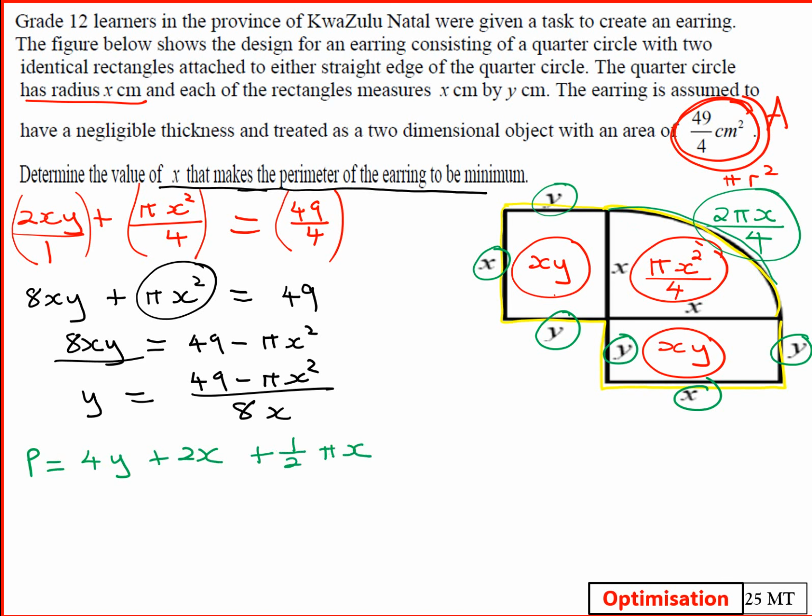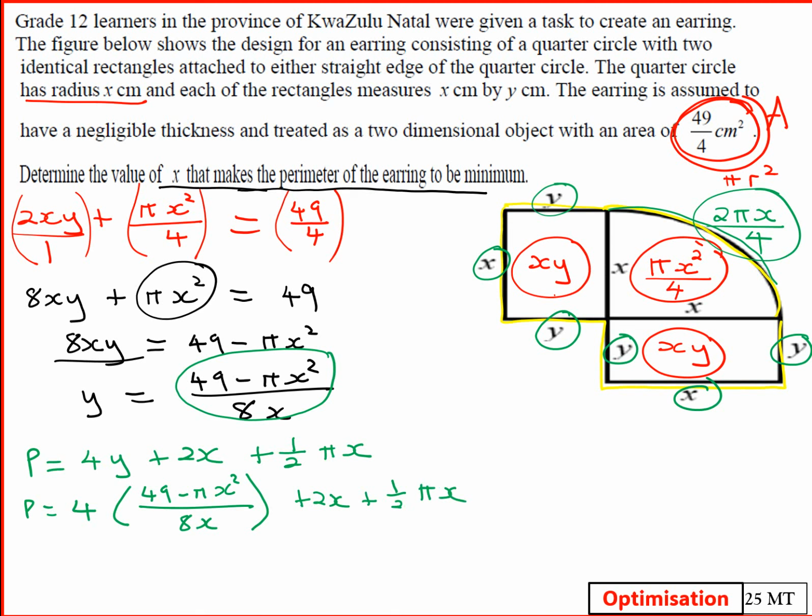So it's quite interesting what we have here. Remember, in the previous step we found y. So we're going to replace 4y, and the value of y is 49 minus pi x squared all over 8x, plus 2x plus half pi x. Using simple fractions, 4 and 4 will go into 8 two times.